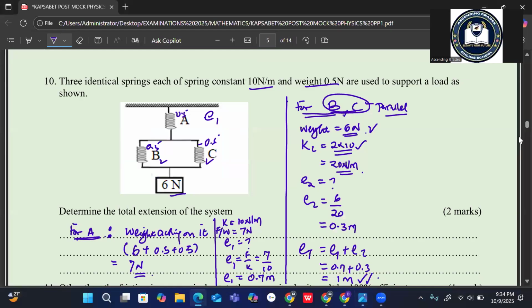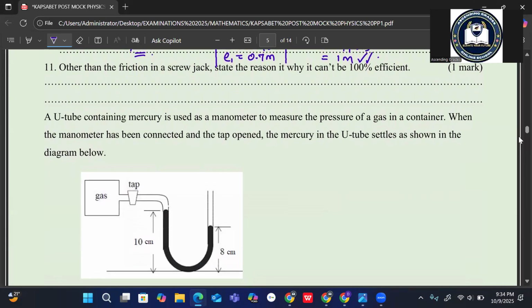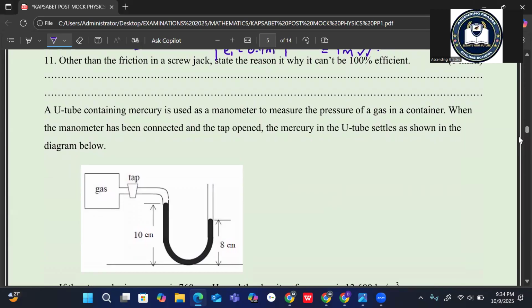So now I can continue. We are now in question 11. Other than friction in a screw jack, state the reason why it can't be 100% efficient.